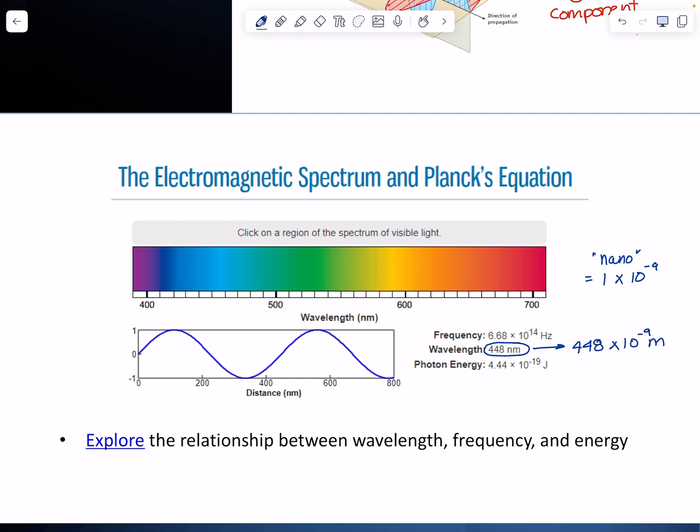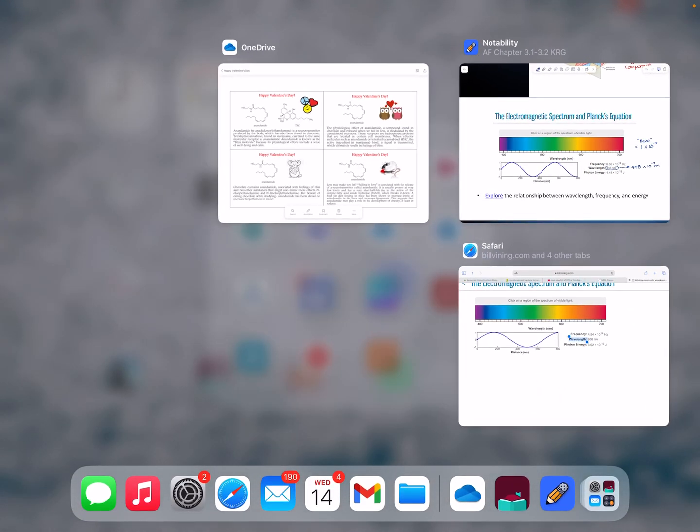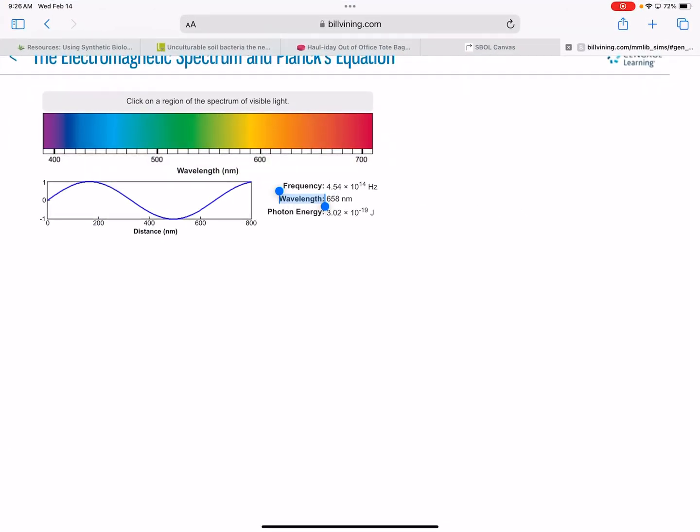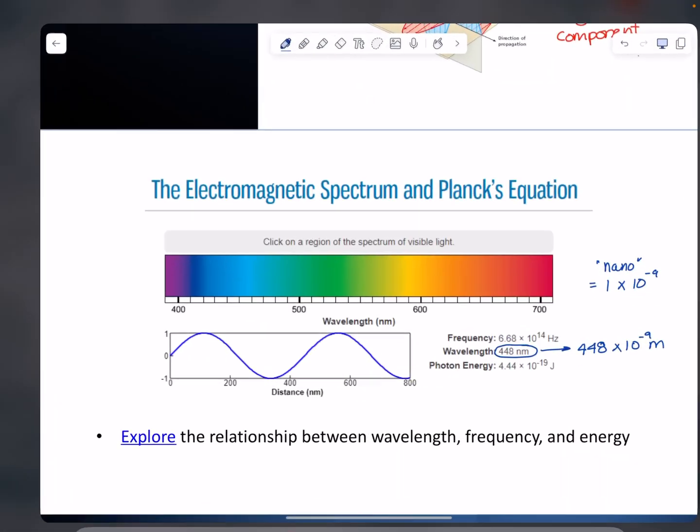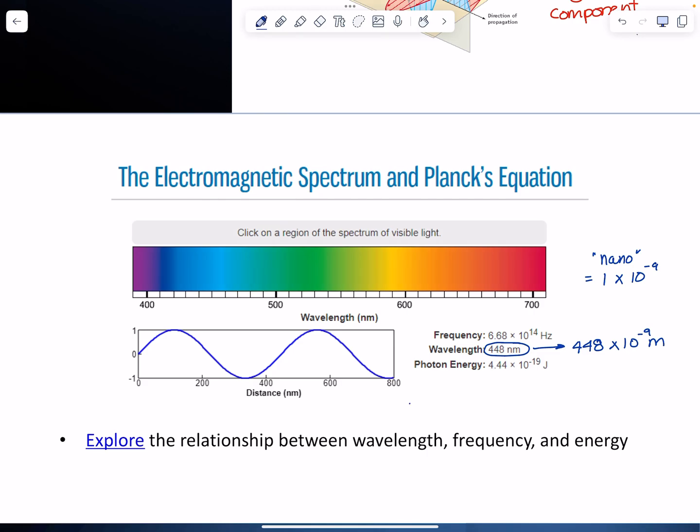But as I go to one of these long red ones, you'll notice the wavelength is longer. It's about 705. So let's just say red light is about 700 nanometers.